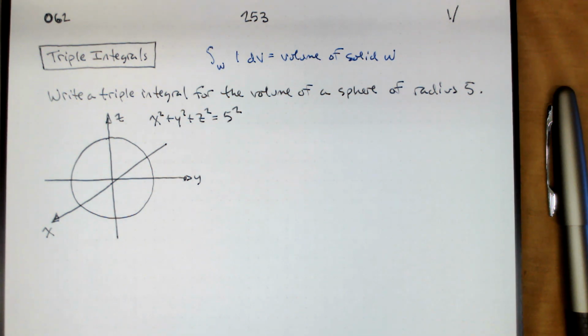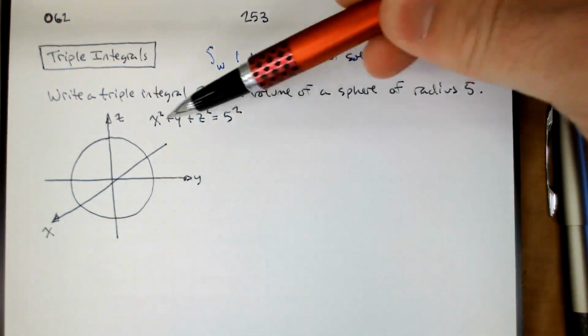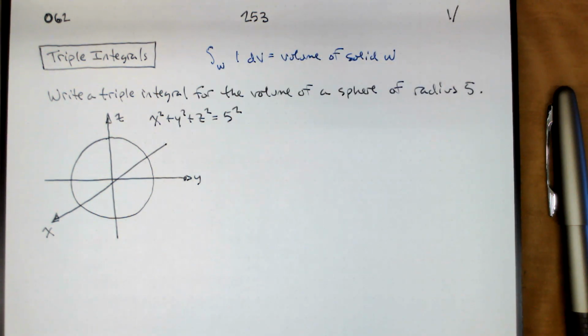So this sphere has a top and a bottom, a left and a right, and a front and a back. And those are all the 6 ways we can solve for these variables.